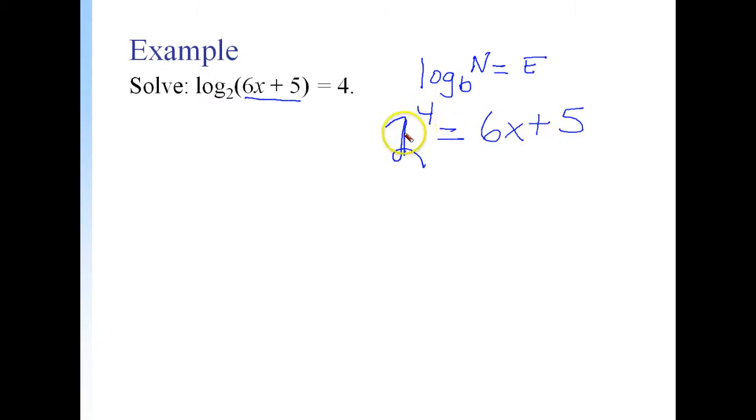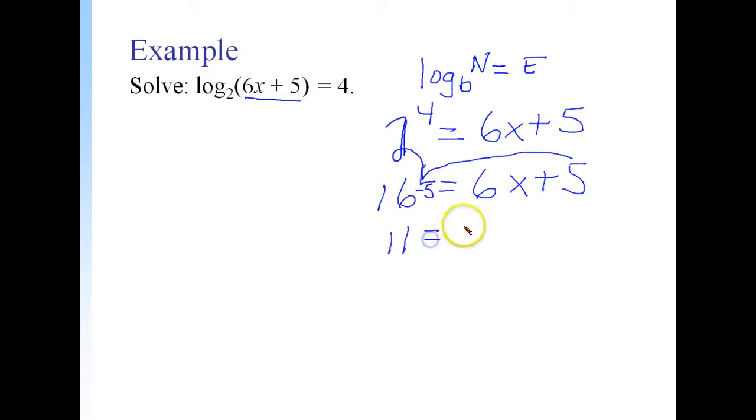So what do we do? Well, we expand the 2 to the 4th, which is 16. Now we're going to transpose that. When we bring the 5 over, it changes its sign, becomes a negative 5 here. So this gives us an 11 equals 6x.